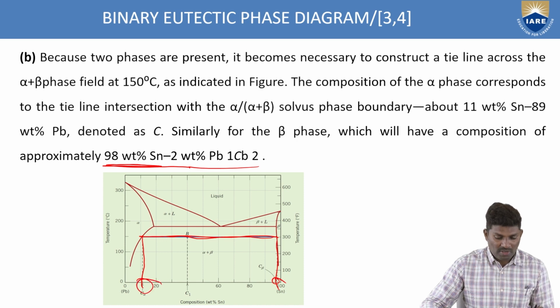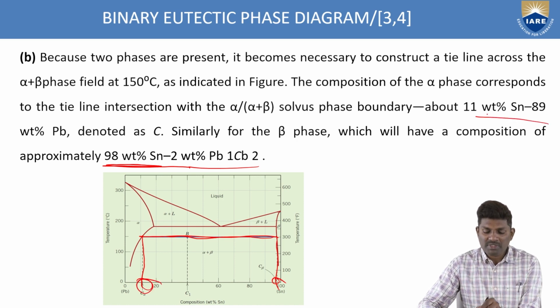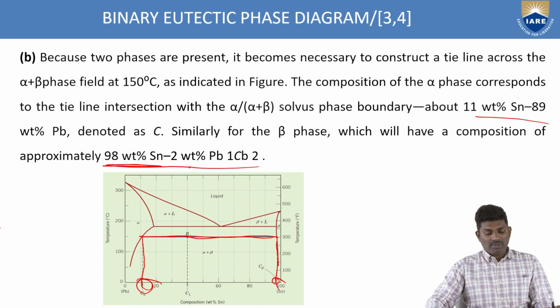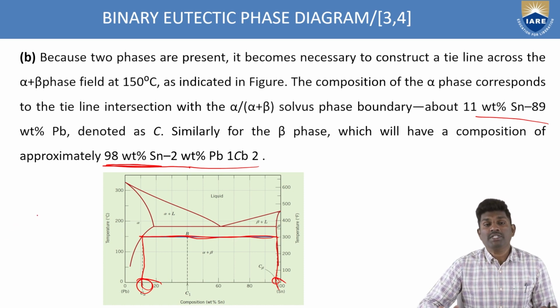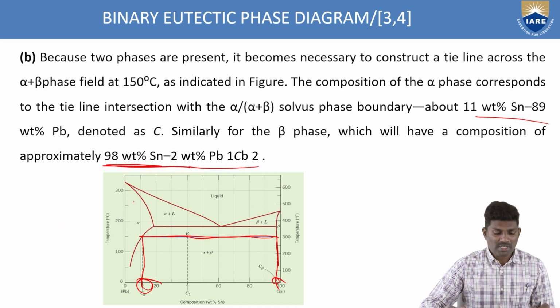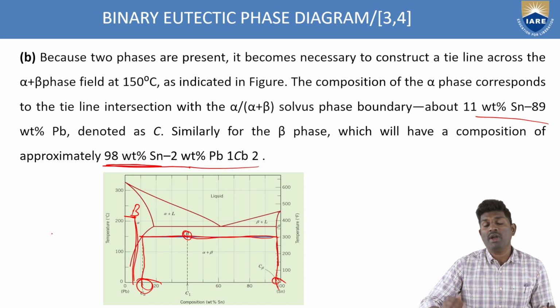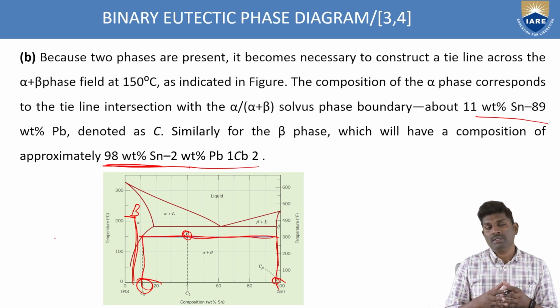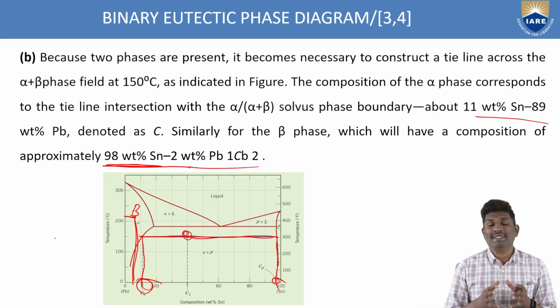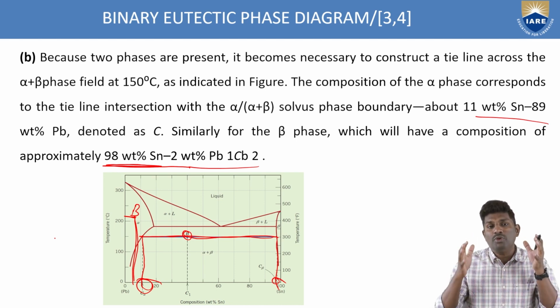Similarly at the other point, how much are you getting? About 11 weight percentage of tin and 89 percentage of lead. That is the identification of the composition corresponding to that point when it is single phase. If the point were in a single phase region, we could directly draw the horizontal and vertical lines and find the composition. But since this point lies in the two phase region, we use the tie line process, and with the help of the tie line we identify the composition at those 2 points.